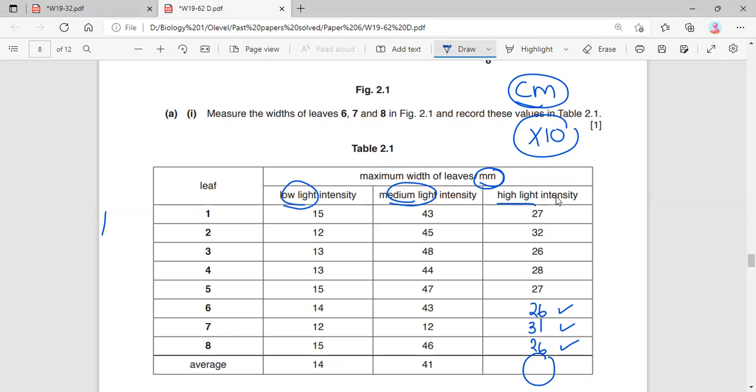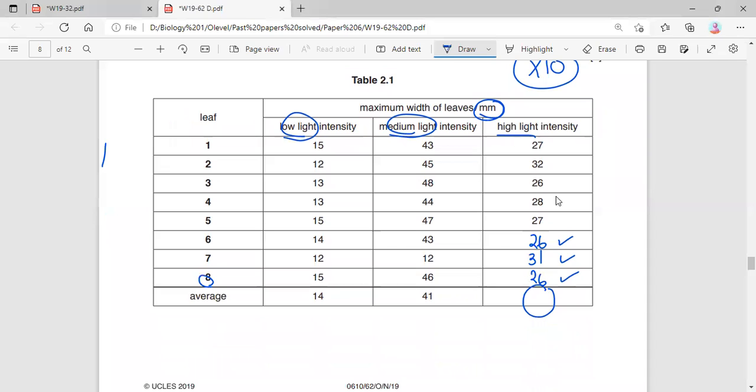How do I calculate the average? I add all these numbers together, and then I divide by how many numbers did I add? How many numbers? 8 numbers. So I will add all these, and then you'll divide by 8. You will have the answer, which is 28.